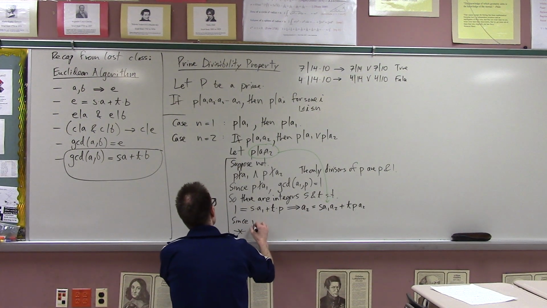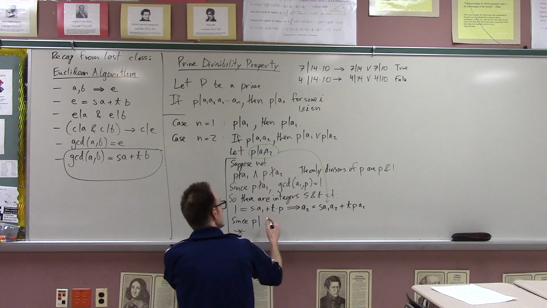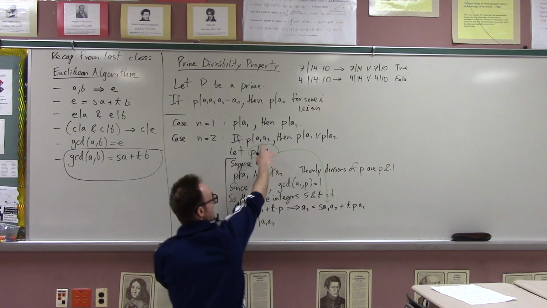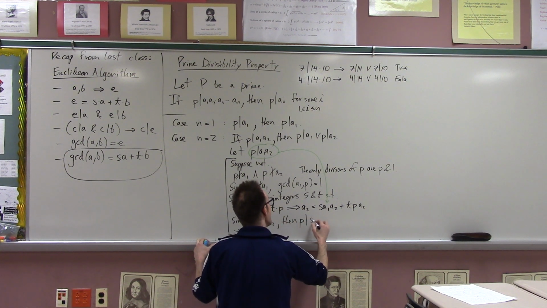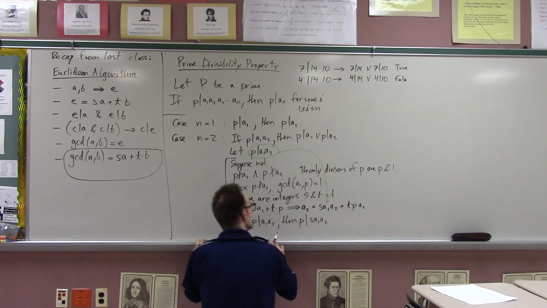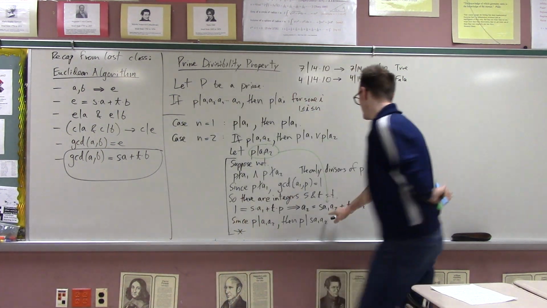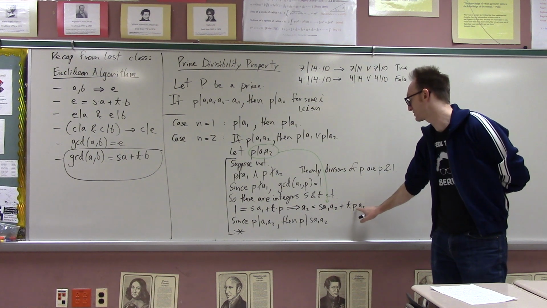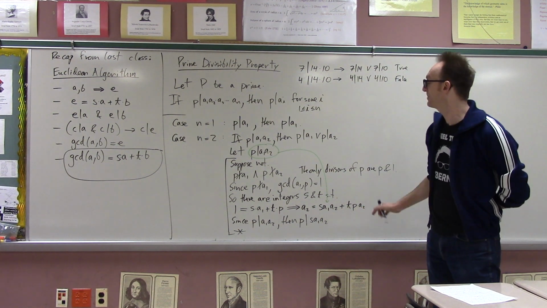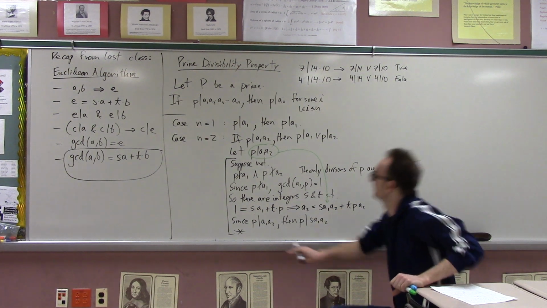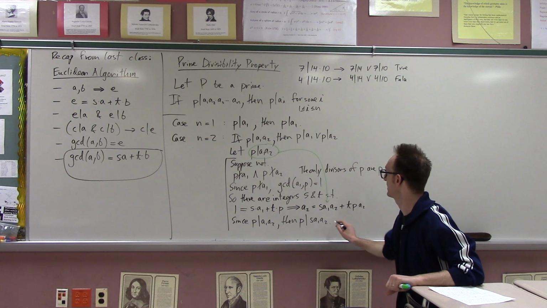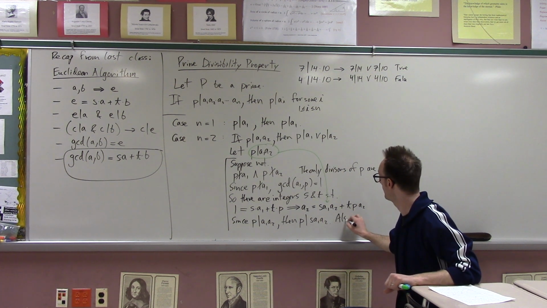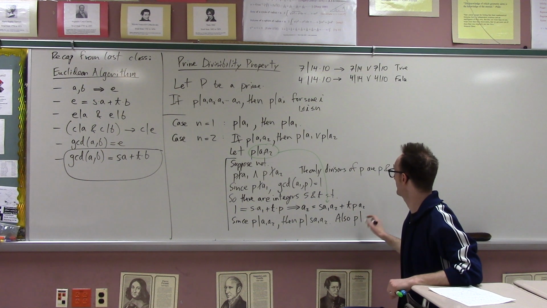Writing this out: since p divides a1 a2, by assumption, then p must divide s a1 a2. Also, p clearly divides p t a2.